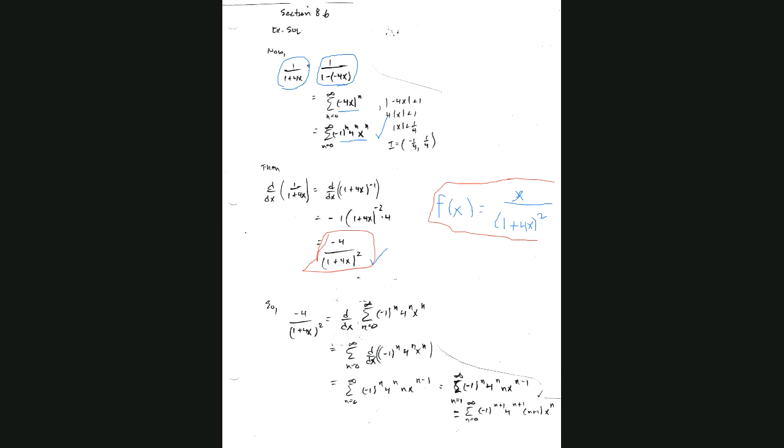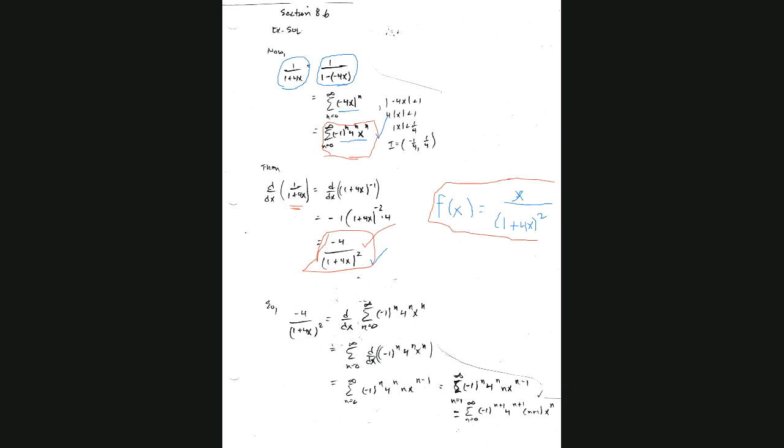Remember, 1 over 1 plus 4x, we have a power series for that. So this derivative, negative 4 over 1 plus 4x quantity squared, is the derivative of 1 over 1 plus 4x, but that can be thought of as the derivative of that power series.